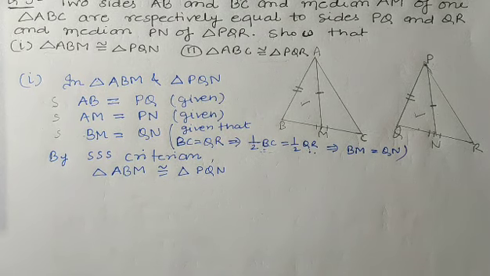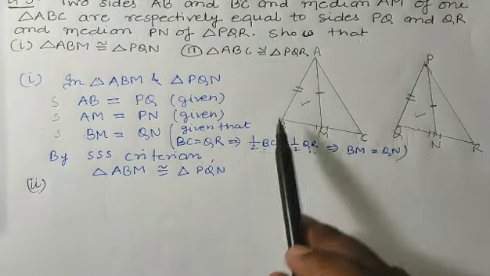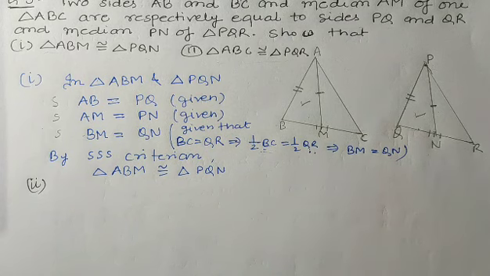The second part is we have to show that the whole triangle ABC is congruent to the whole triangle PQR.